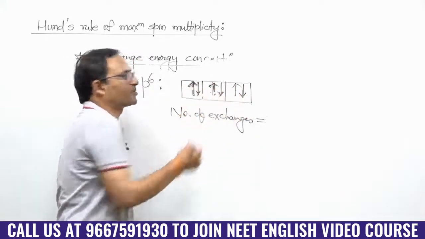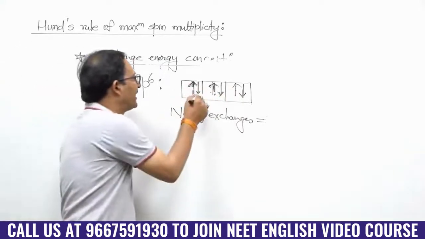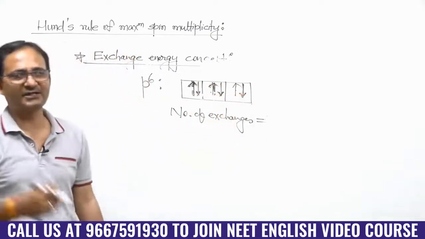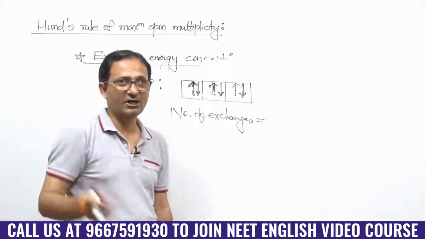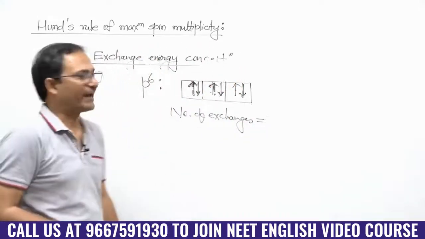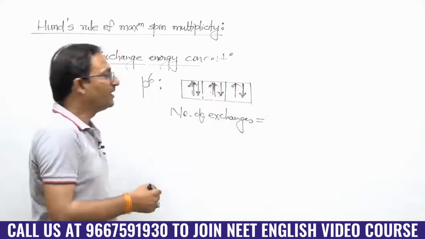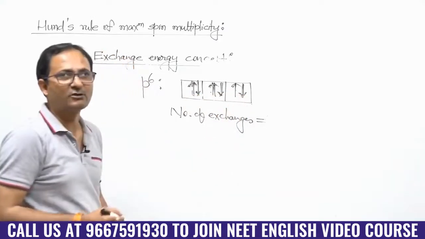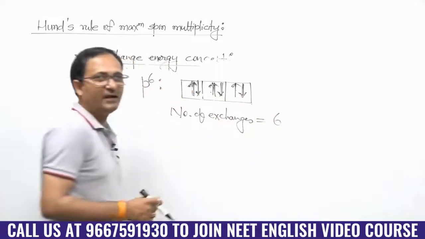A spin up electron will exchange its position with another spin up electron, and a spin down electron will exchange its position with another spin down electron. Remember, a spin up electron cannot exchange its position with a spin down electron, right? So the number of exchanges of a spin up electron will be 3, and that of a spin down electron will also be 3. Therefore the total number of exchanges here will be 6.